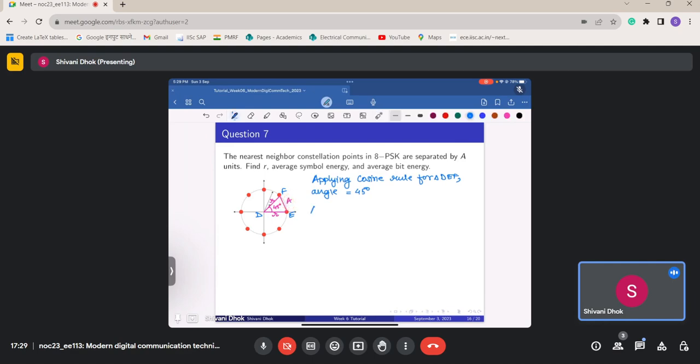So this capital A square will be the sum of the other two sides square, that is R square plus R square minus 2R square cos 45 degree.